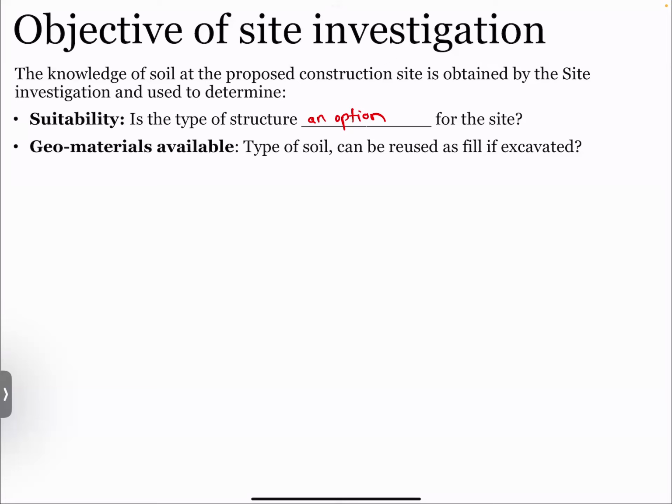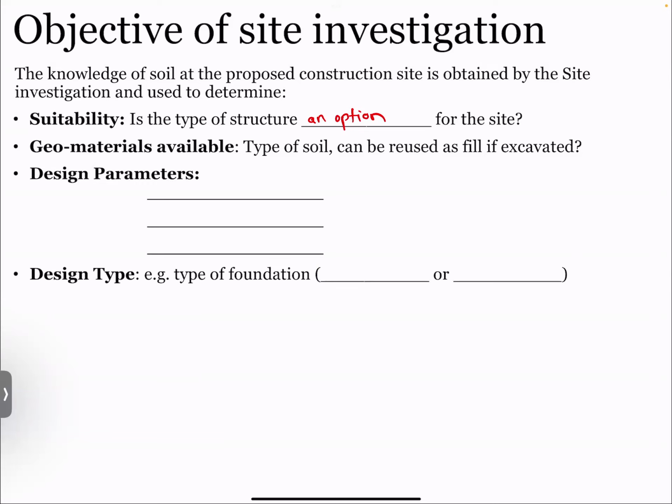So what we look for is also the geomaterials available. Is your site filled with that A3 soil or SW or some of that good stuff that we talked about? And there are certain design parameters that we want to look for.